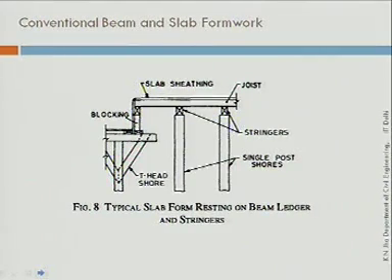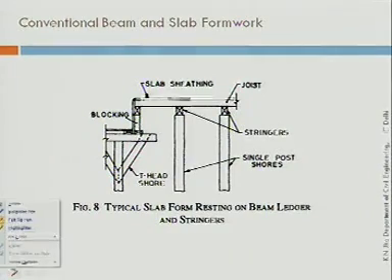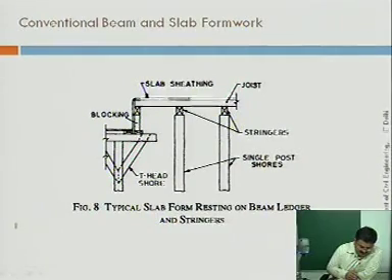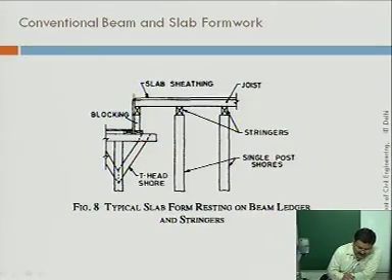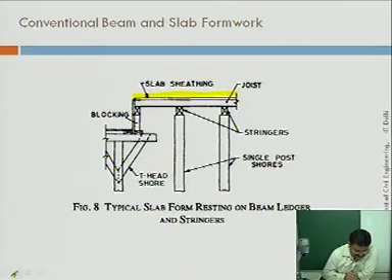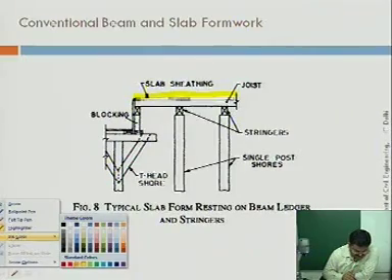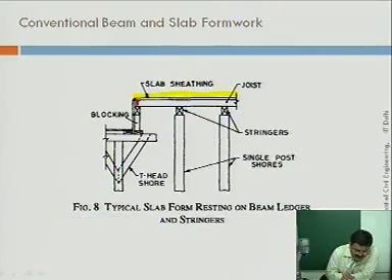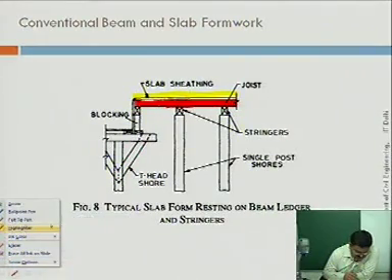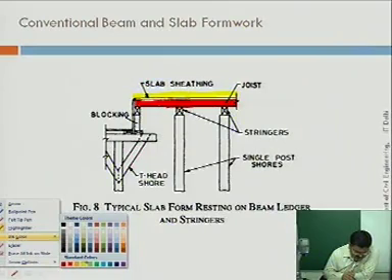This is one simplified version here, where you can clearly see some of the members. For example, this is your sheathing. Underneath this you can find, the red one is your joist, and I will use different color here.